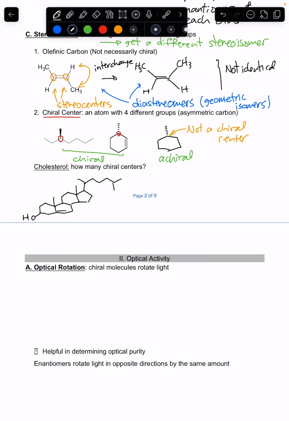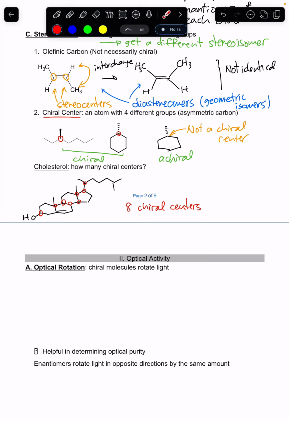Okay, so maybe pause the video and see if you can count how many chiral centers you see in this molecule. This is cholesterol. Okay. Now, if you unpause the video, I'll circle the chiral centers. Okay, and that's it. No other carbons are chiral centers. So this has 8 chiral centers.